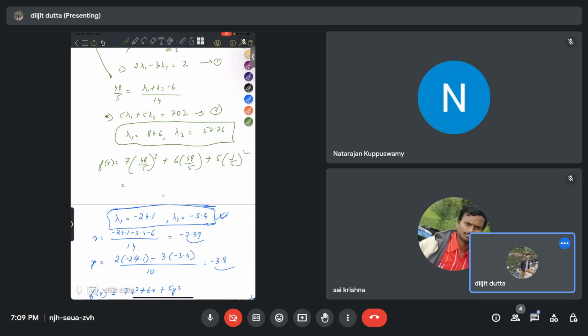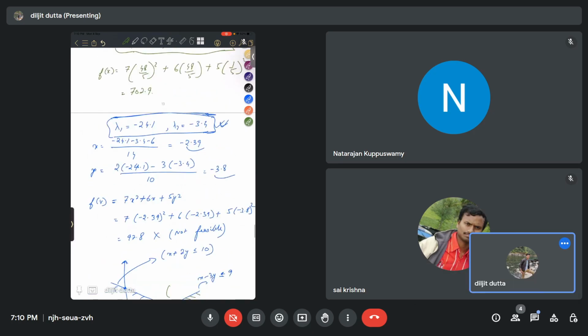So if we calculate, 7 into 9.6 whole square plus 6 into 9.6, it is coming around 702.9. We are correct. So I made some mistake in the calculations in the previous method. This is the simpler method.